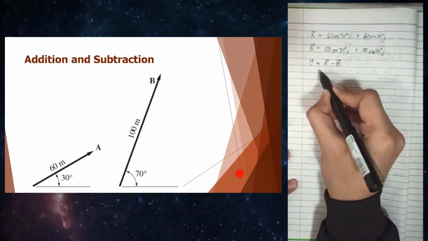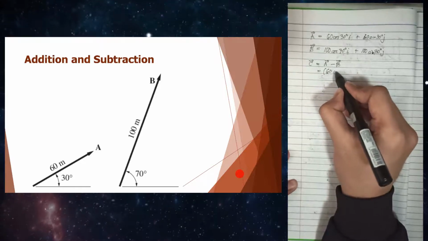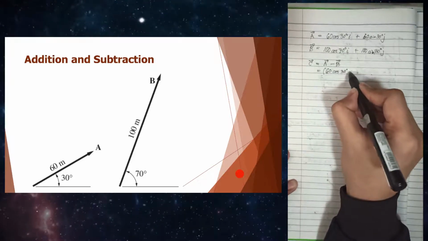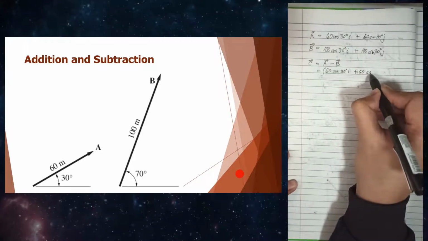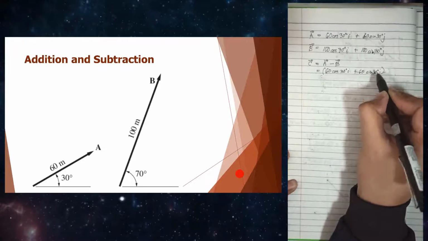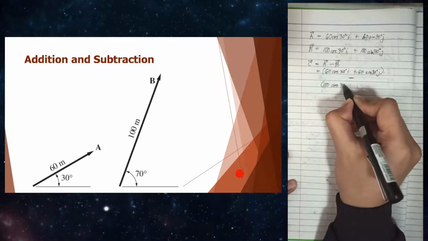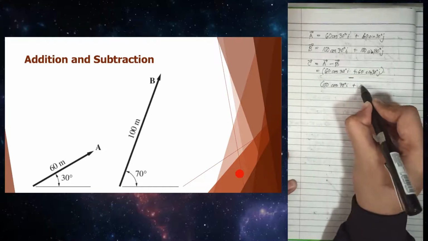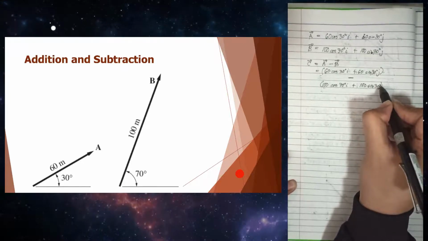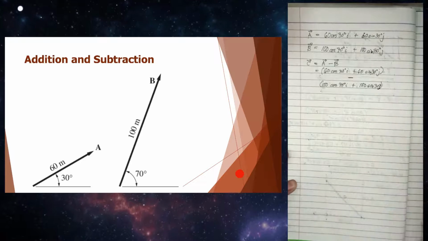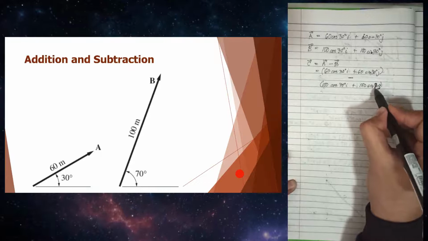equals 60 cosine 30 degrees I plus 60 sine 30 degrees J minus 100 cosine 70 degrees I plus 100 sine 70 degrees J. So may J dyan sa gilid, hindi 30, 70.